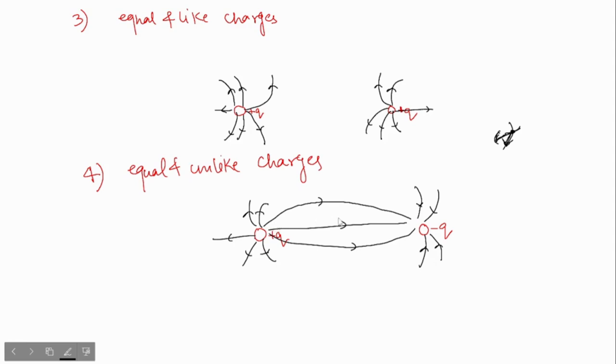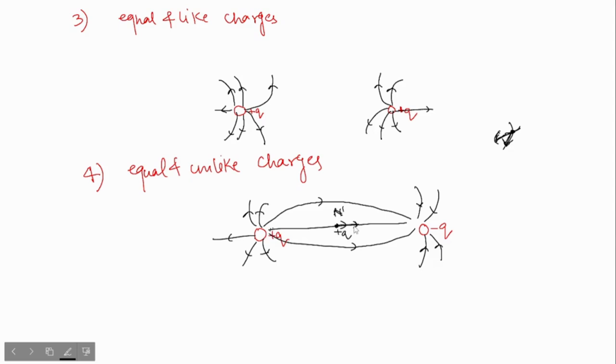And there will be a neutral point. Neutral point means where you can say the forces are equal. Suppose a positive charge is kept here. Then due to the positive charge, what will be the direction of force on this charge?